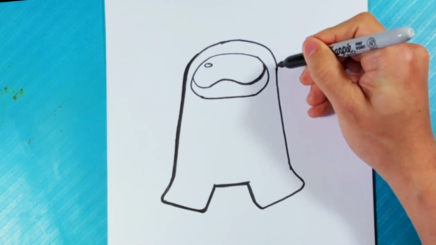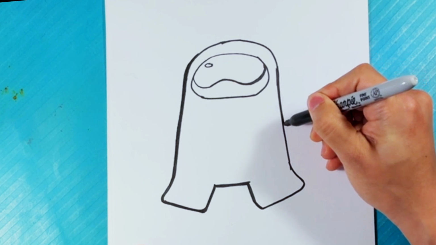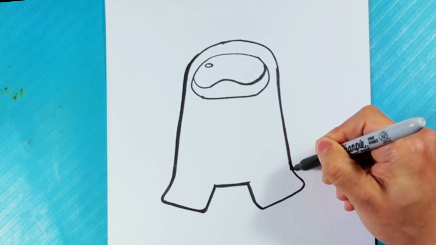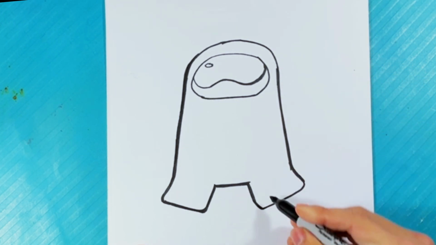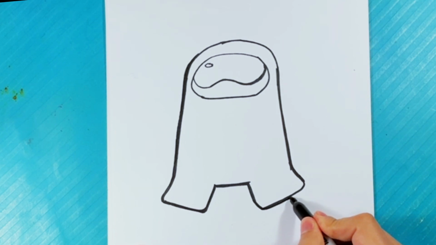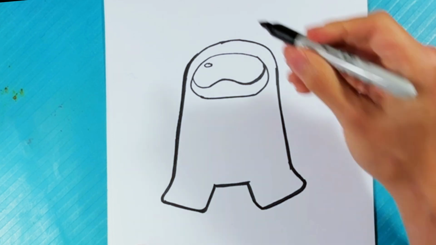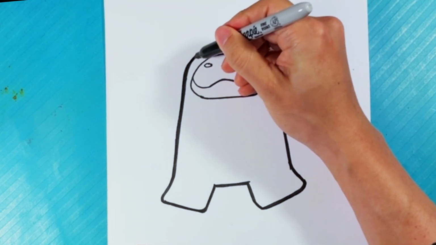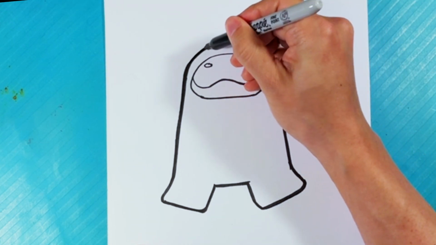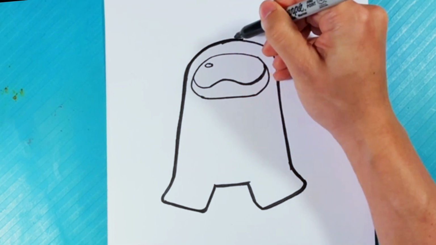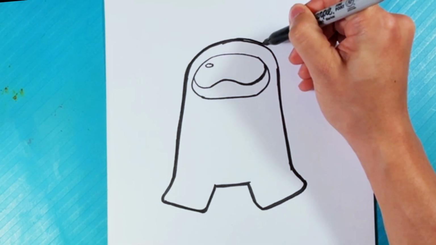There we go. Curve right over here. We're gonna continue and draw just like this thick line around the border right here. Again, it's really good because it gives it a very specific look.